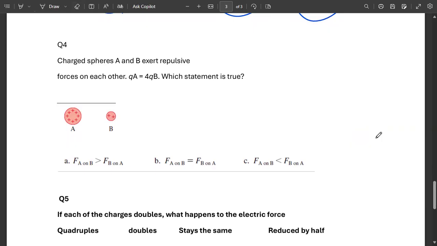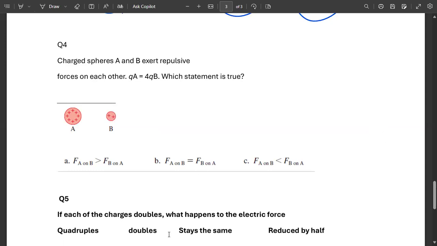A, FA on B is greater than FB on A. B, FA on B is equal to FB on A. C, FA on B is less than FB on A. Okay, so what we're supposed to understand is that these two charged spheres are both positive, and they are exerting repulsive forces towards each other.